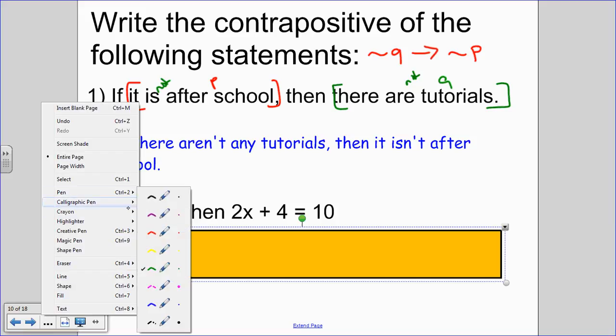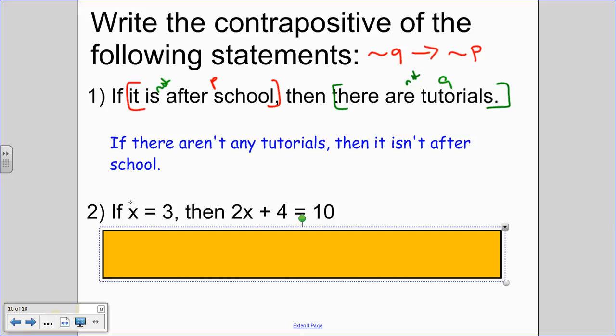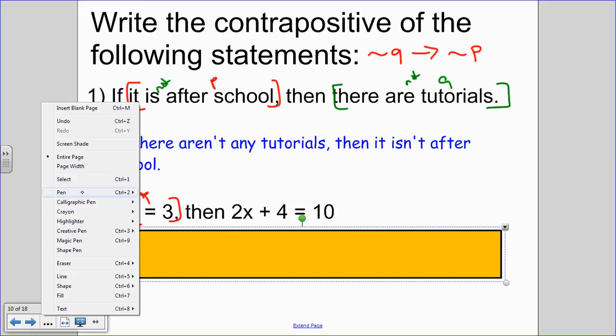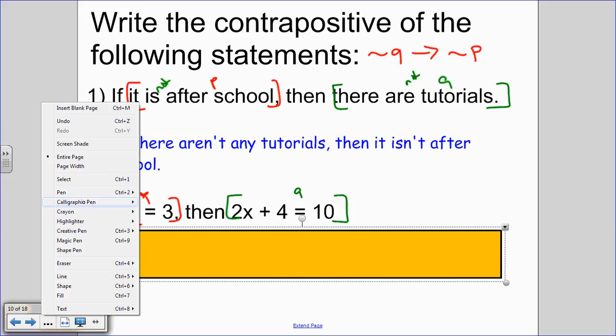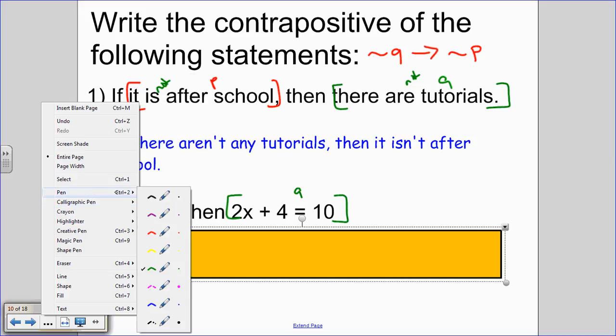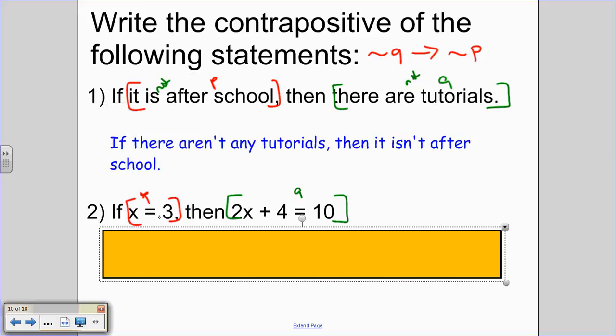All right, for this next one, P is x equals 3. Q is 2x plus 4 equals 10. What the statement is saying is x does equal 3.